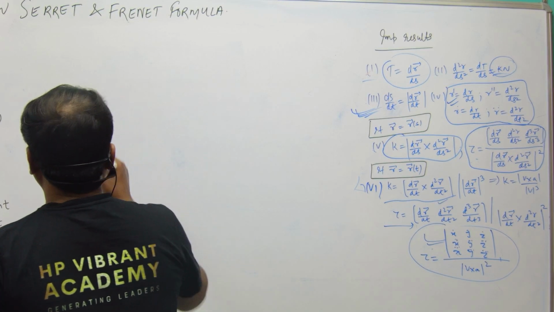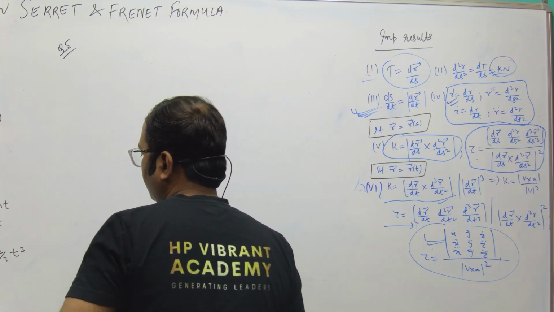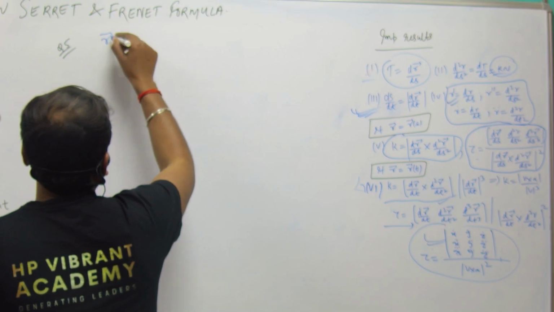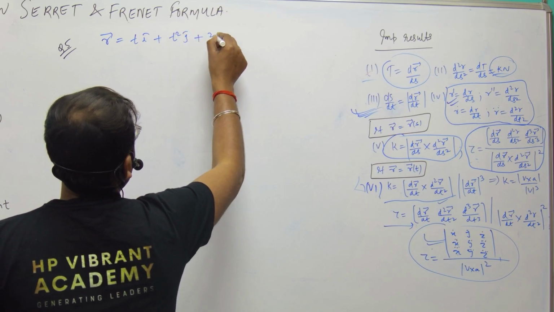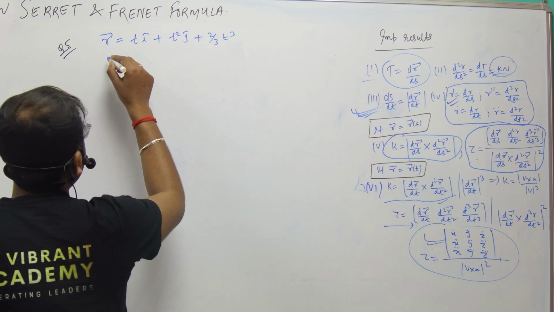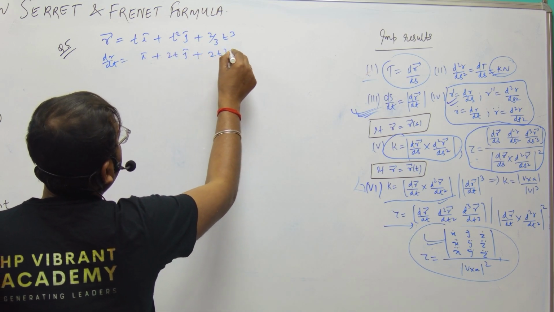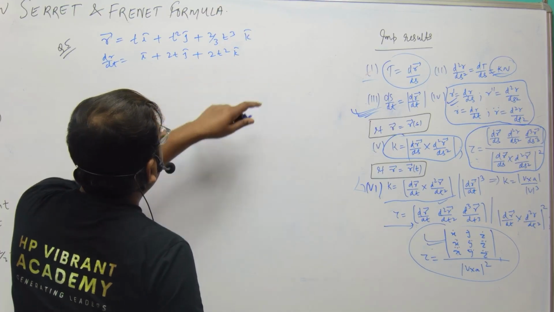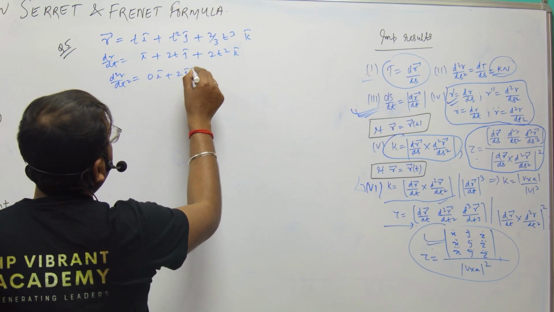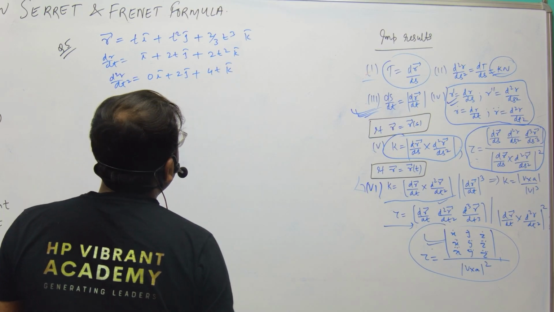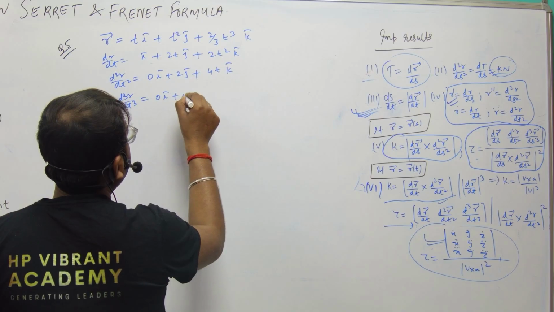The position vector r is t i cap plus t square j cap plus 2/3 t cube k cap. Then dr/dt is i cap plus 2t j cap plus 2t square k cap. d2r/dt2 is 0 plus 2 j cap plus 4t k cap, and d3r/dt3 is 0 i cap plus 0 j cap plus 4 k cap.